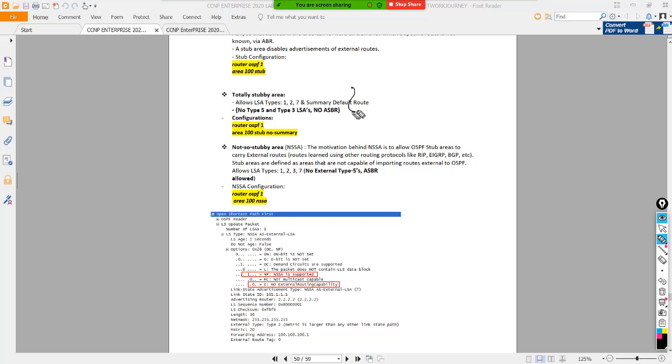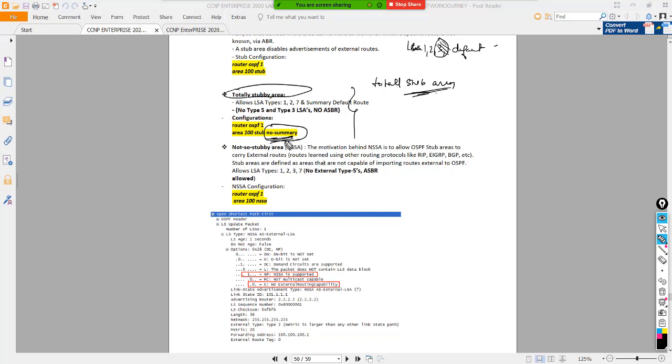Now what is totally stub area? In the case of stub area, you saw LSA 1, 2, 3 and a default route. Now let's say you want to suppress this LSA also. So you can introduce totally stub area. The only thing is you just need to add one additional line called no summary.